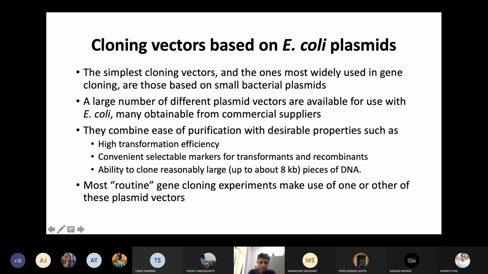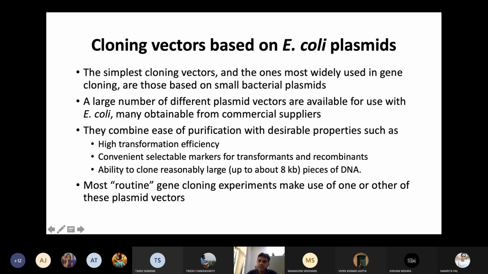One more property is the ability to clone a reasonably large piece of DNA. The product that you want to load should be quite large, up to 8 kb, because genes may range from a small gene of around 1 kb to 8 kb, depending on the size of your gene. So it must have some space so that it can accommodate that.